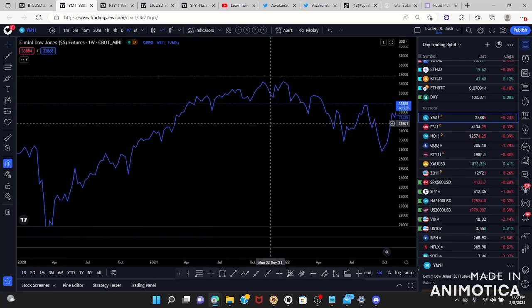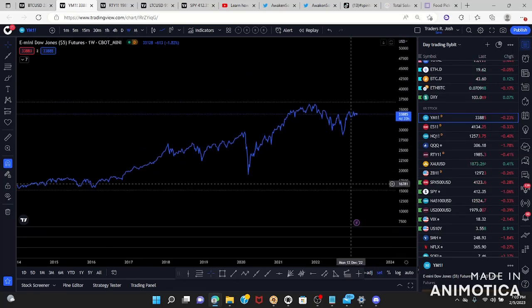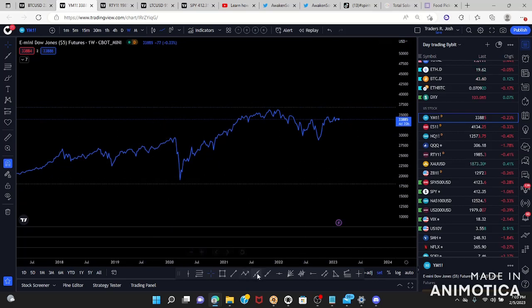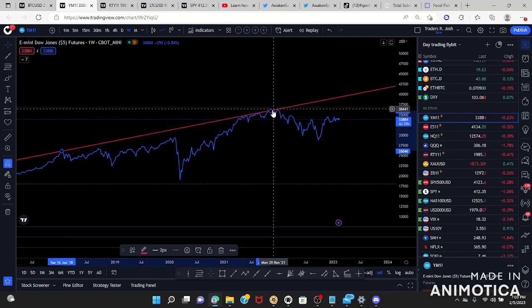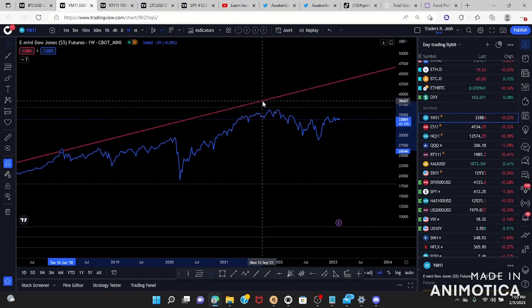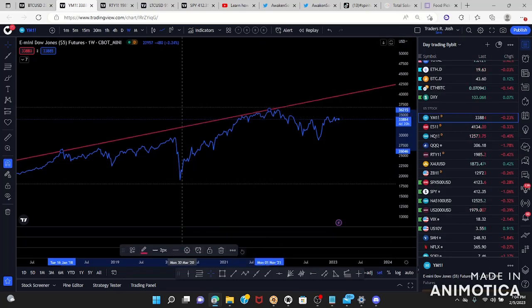So anyways, let's go in the weekly chart. Within the weekly chart, we're going to do some basic trend lines here. I just want to show you different ways to view the charts. You don't have to use the candlesticks. Sometimes when you have that green and red candlestick, it causes a psychological reaction.